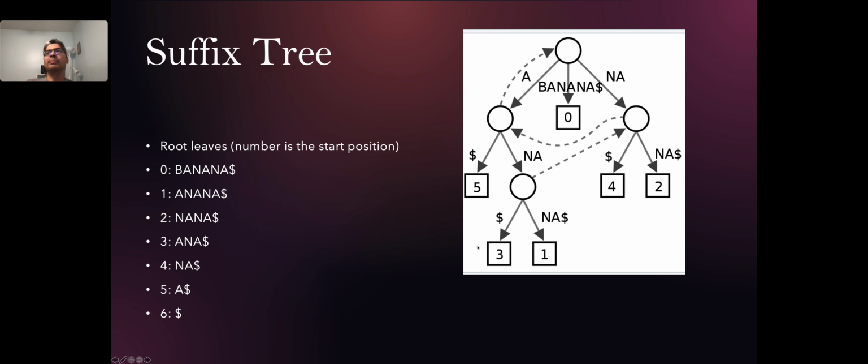And there is also the possibility of starting with N, and all suffixes that start with N in fact start with NA, which is the fourth and second suffix, and the fourth ends with an A, and the second has an additional NA, so it's shown here. So this is the suffix tree.